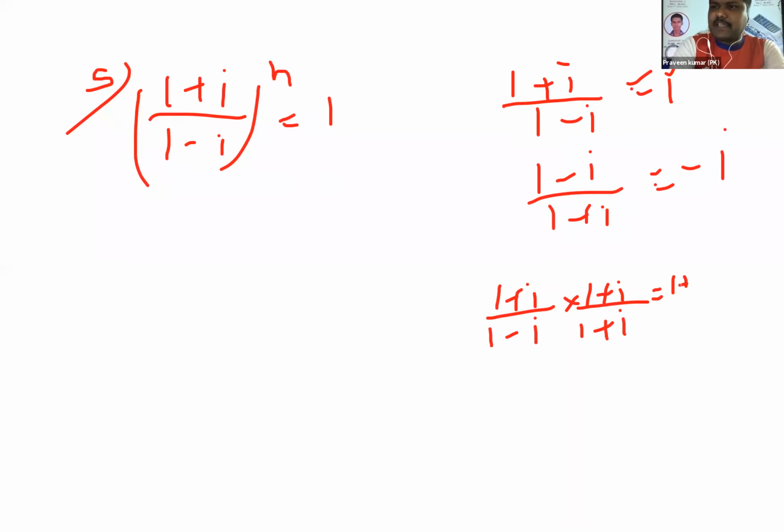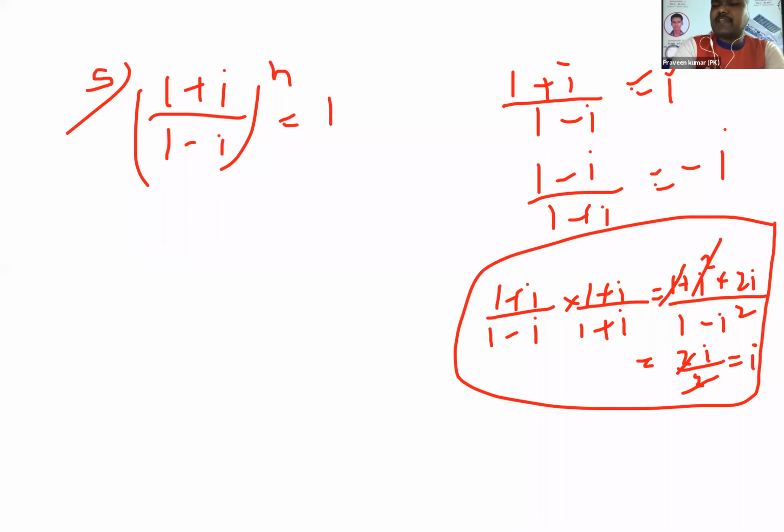Numerator 1 plus i square plus 2i, denominator 1 minus i square. The i square values cancel out, because i square is minus 1. 2i by 2, the 2s cancel, giving i. So whenever 1 plus i by 1 minus i is there, you can write i; 1 minus i by 1 plus i means minus i. These two shortcuts you need to remember.